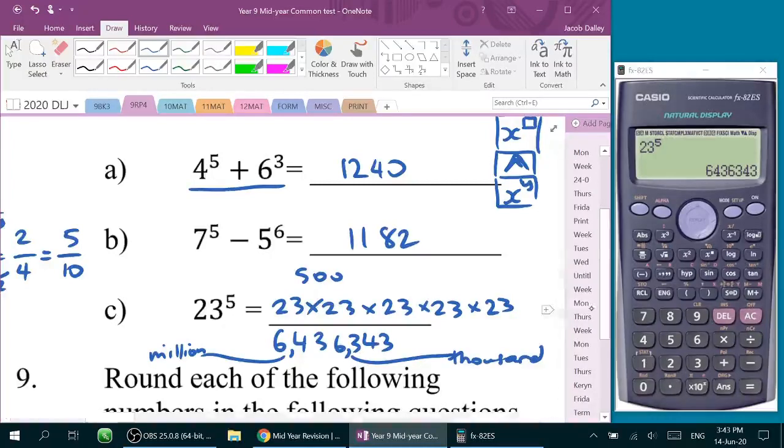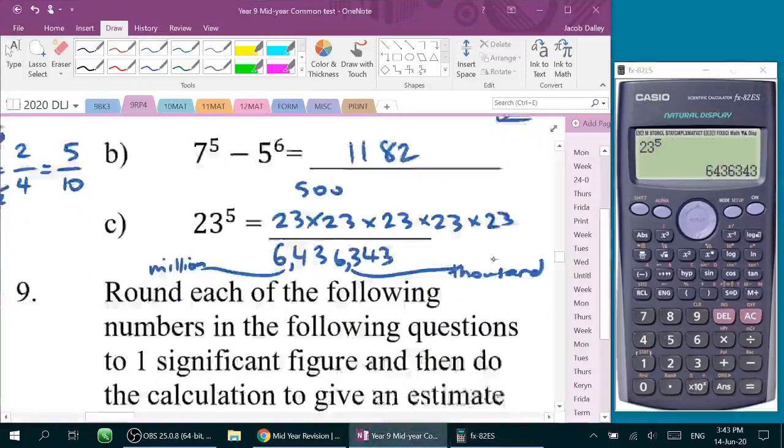I just wanted to prove that 23 to the power of 5 is just 23 times 23 times 23 times 23 times 23. See, same number. But you can save yourself some time by just using your exponentials.